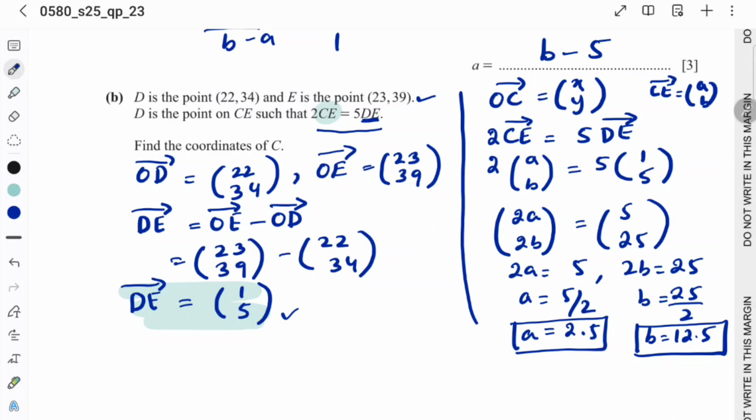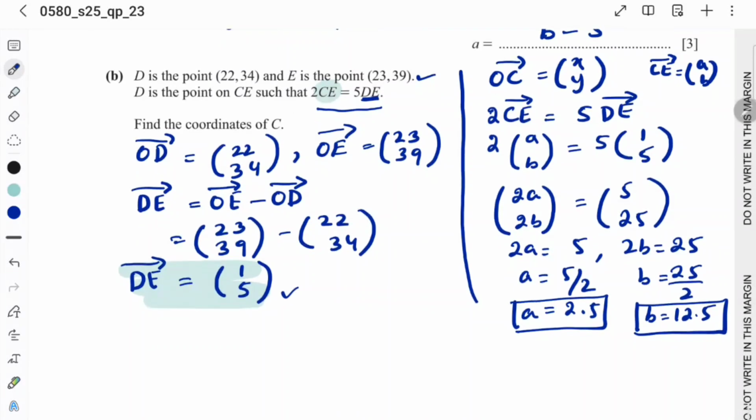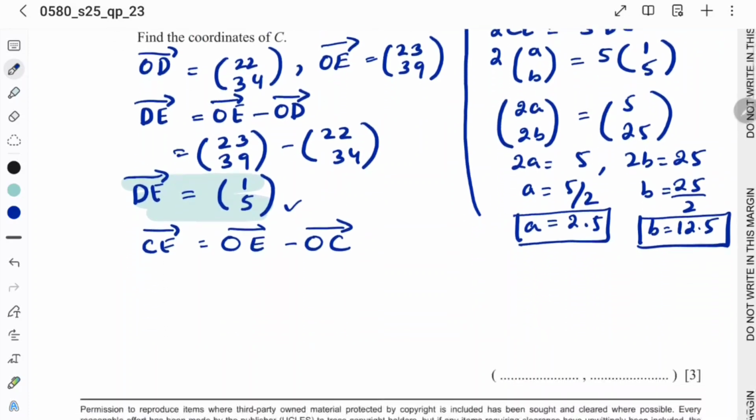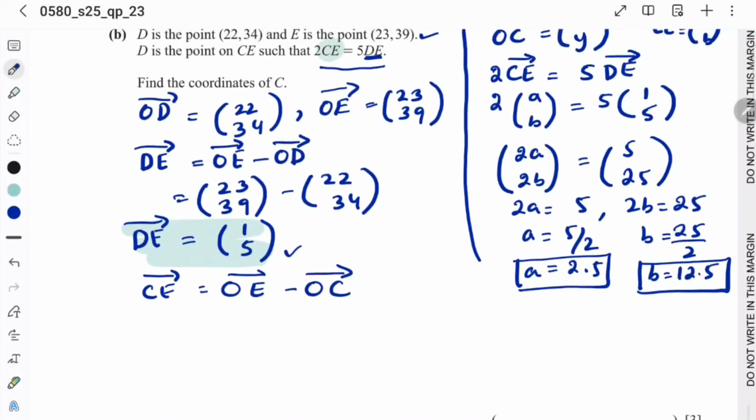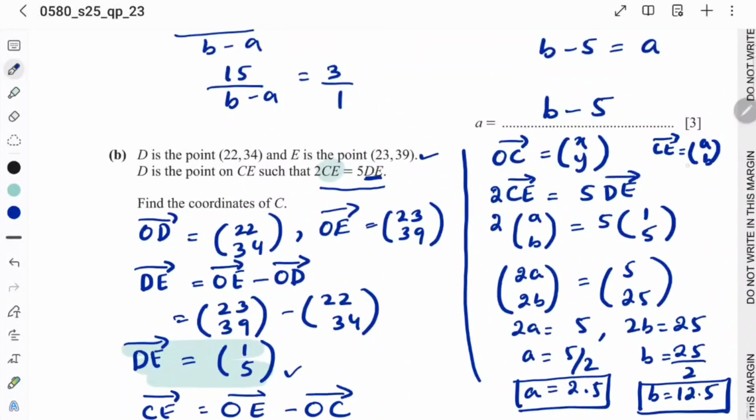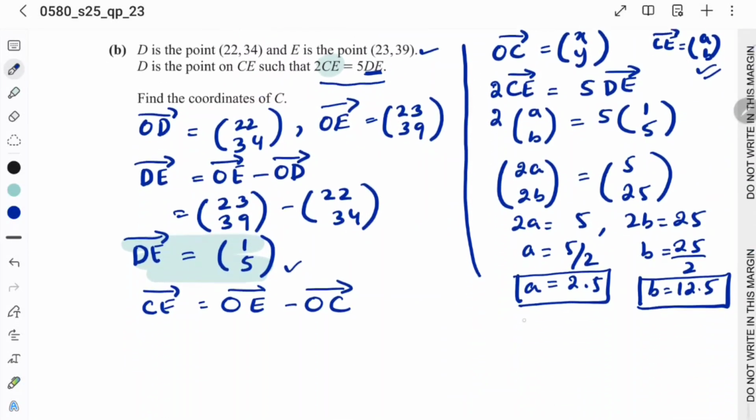Now we can easily find OC. CE is equal to OE minus OC. Alright, and this is a 3 marks question. CE we have found, it was (a, b), so CE was (2.5, 12.5).